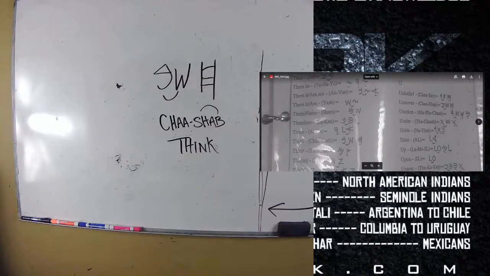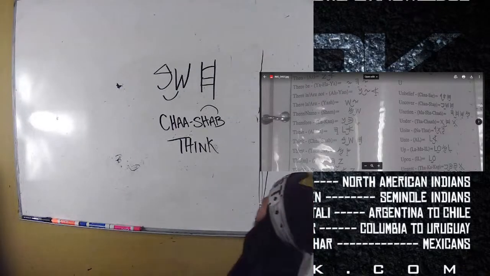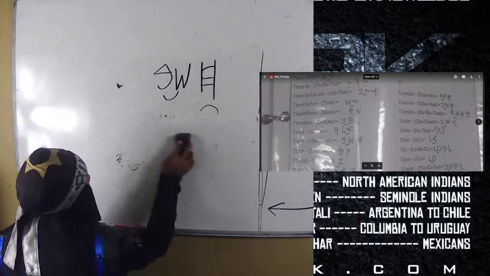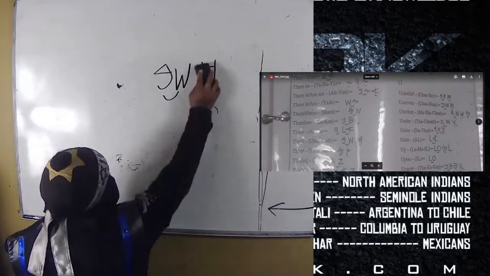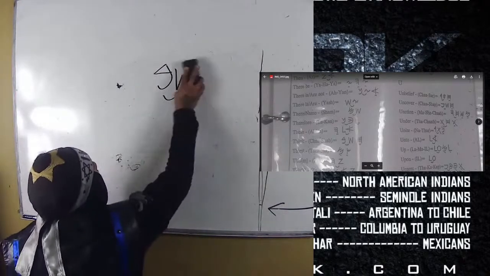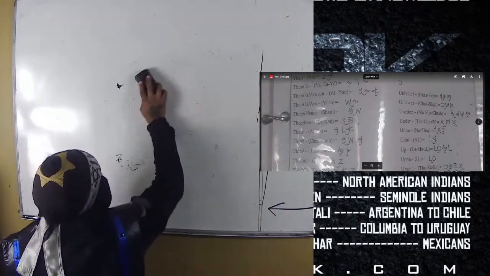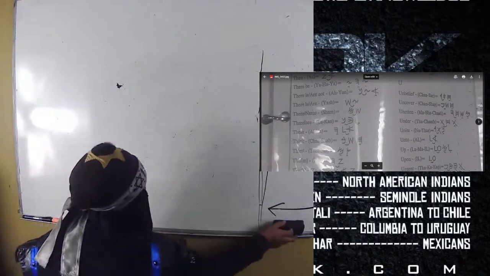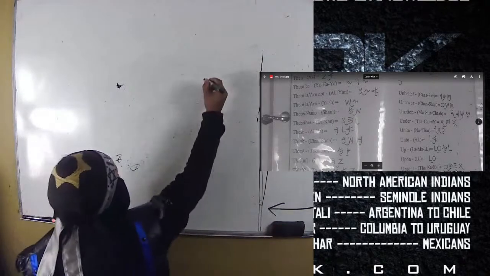Now, let's do the next word. These. Now, you would think that this would be the same as those. You would think that those would be past tense. But those is a different word from these.